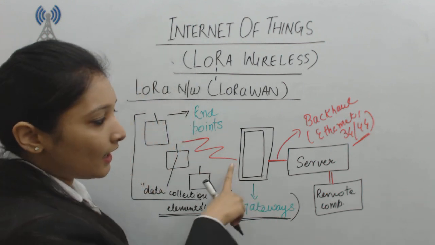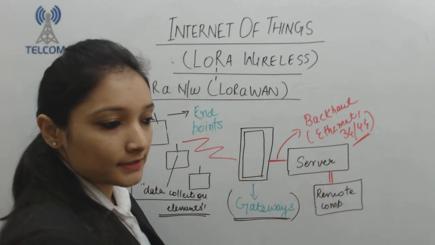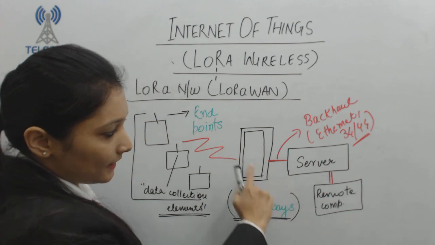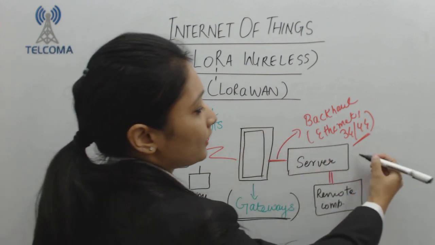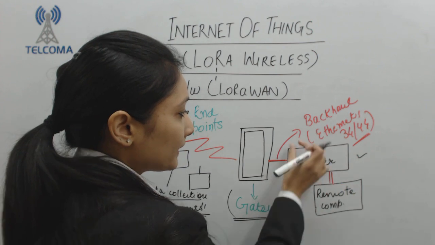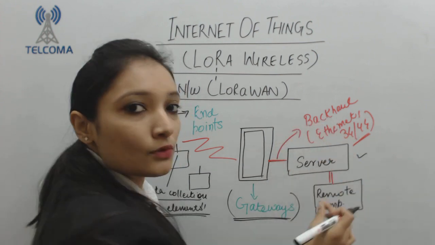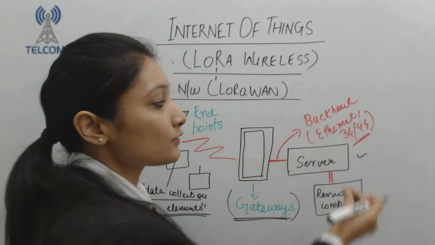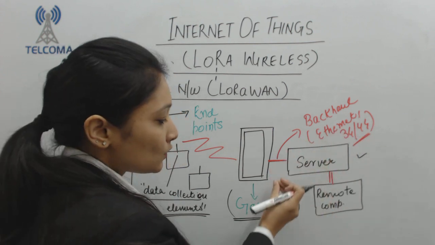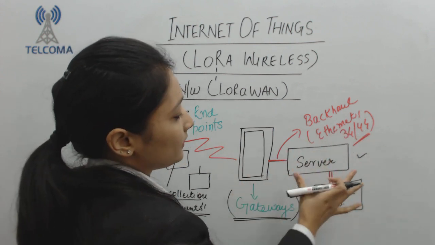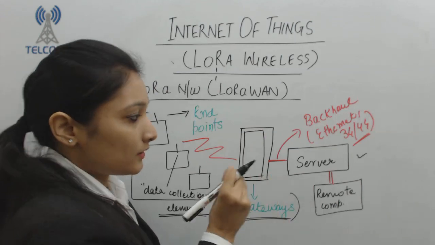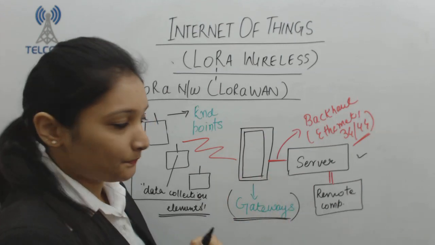These gateways are then connected to your server, to transfer that information to the server. So this is the backhaul, which basically consists of your Ethernet, wired or wireless, or your cellular system. These gateways are connected to your server by means of typical IP networks.